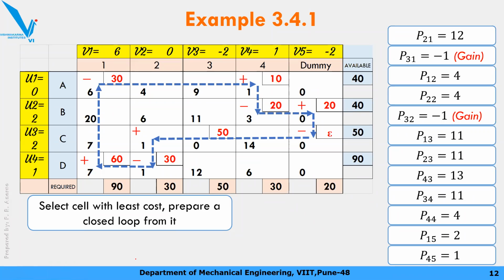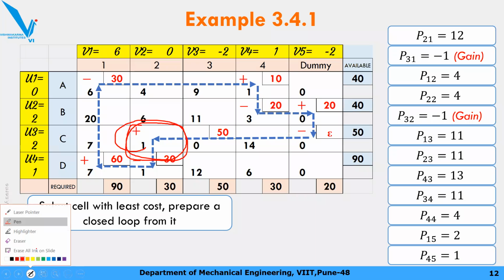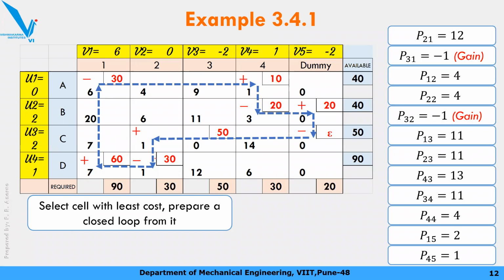Now what do you need to do? Transfer the allocation. From the occupied cells to this unoccupied cell you need to transfer allocation. How much? The minimum value among the negative cells. Look for the negative cells: this is one cell, second cell, third cell and fourth cell.